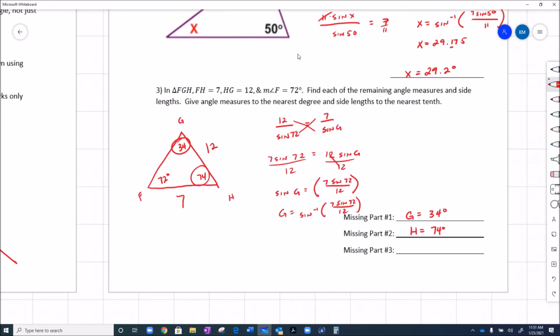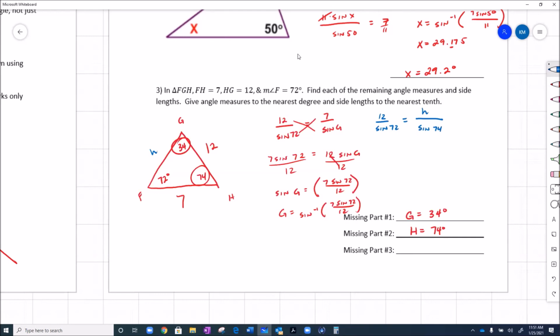So from there then, in order to find the missing part FG, we can set up 12 over sine 72, because we're sure that that ratio is what it's supposed to be, so we'll use that, equals h over sine 74.